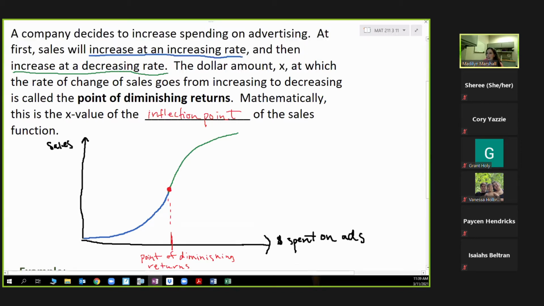And the other thing we can notice about this is this starting blue part, is that concave up or concave down? Up. Up, exactly.